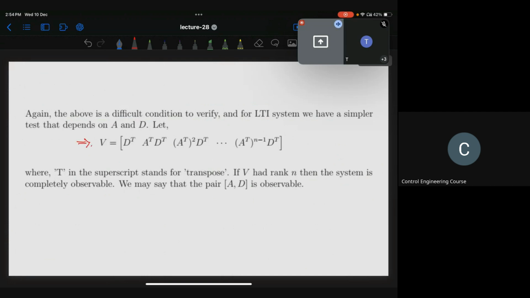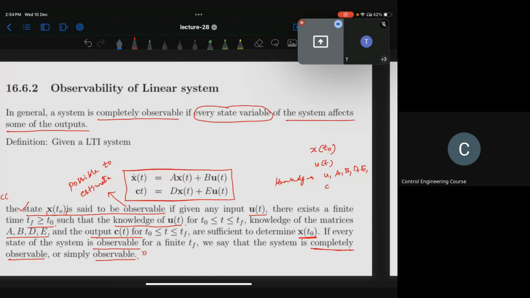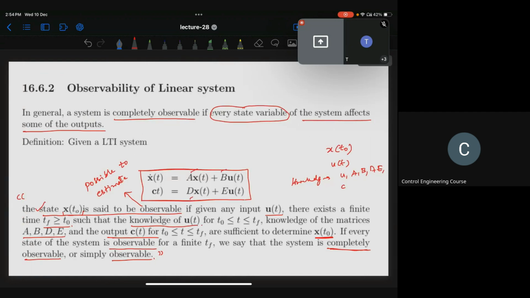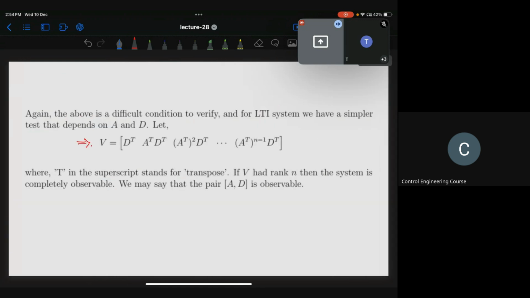Given the A, B, C, D, E matrices, just by using A and C, we can check the observability of the system. You can check the observability of the system just by finding this matrix and its rank.